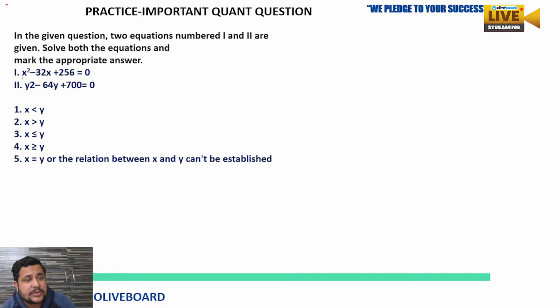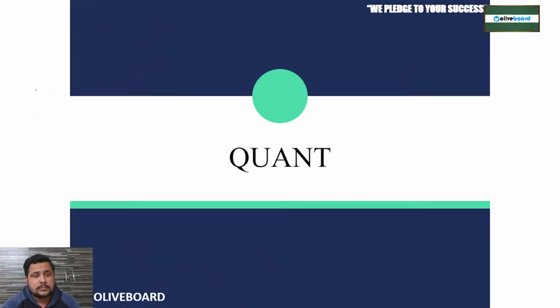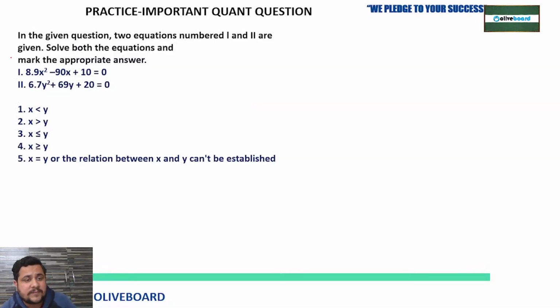Our first equation is 8.9 x square minus 90x plus 10 equals 0, and the second one is 6.7 y square plus 69y plus 20 equals 0.